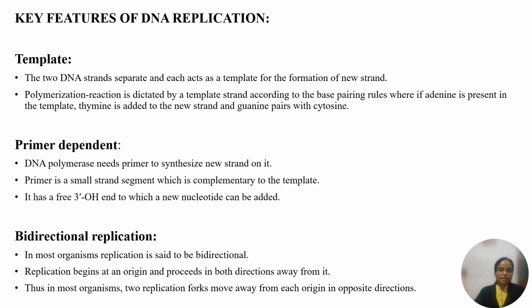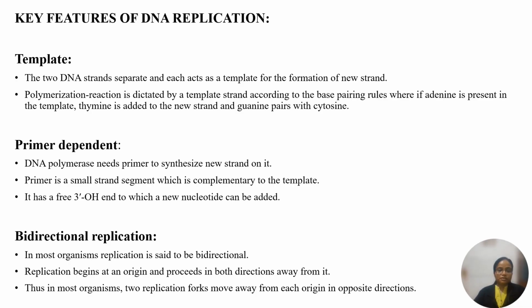So one by one, it is adding the nucleotides with the formation of the phosphodiester bond between the nucleotides, and it is adding the new nucleotide at the 3' end of the newly synthesizing strand. So without the presence of a primer, the DNA polymerase cannot start building this DNA strand. So its presence is absolutely required.